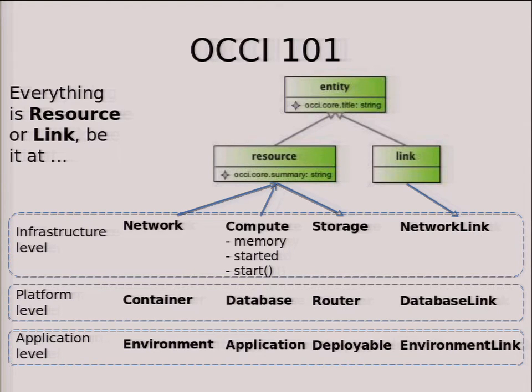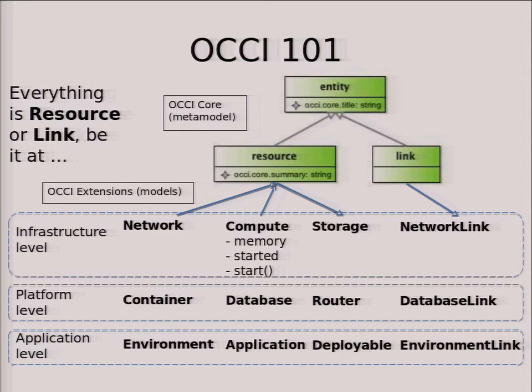And it goes on at platform level. At platform level, you have containers, databases, routers, and database link to provide the database to an application container. And at application level, you have an application template or deployable, you name it as you want. Anyway, you get the twist.